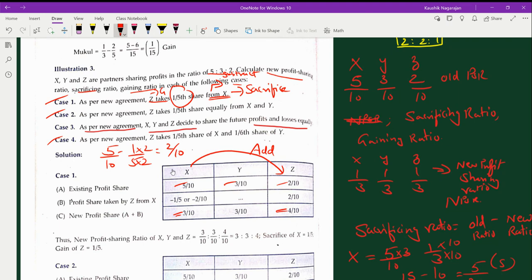So the new profit sharing ratios of the partners X, Y, and Z are 3 by 10, 3 by 10, and 4 by 10. That means 3 is to 3 is to 4.